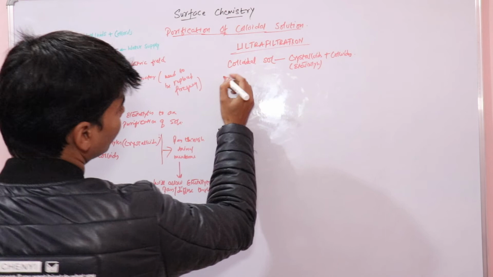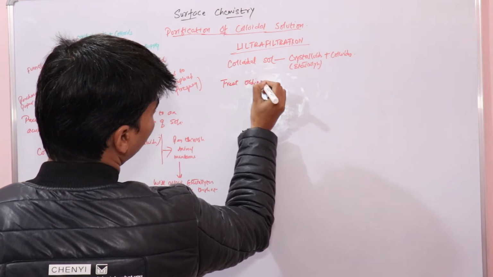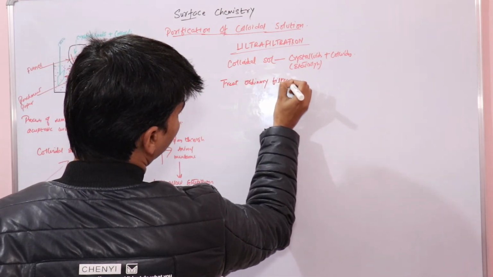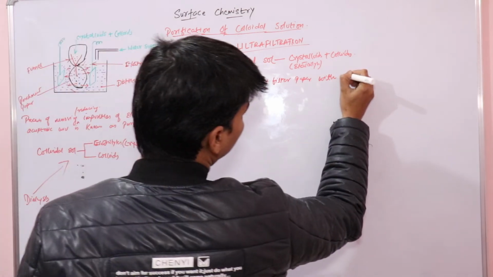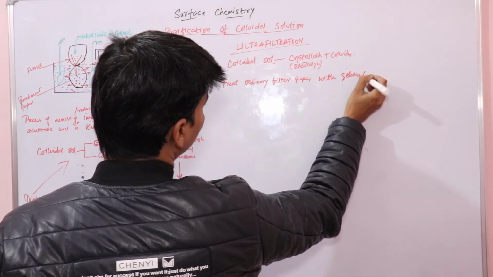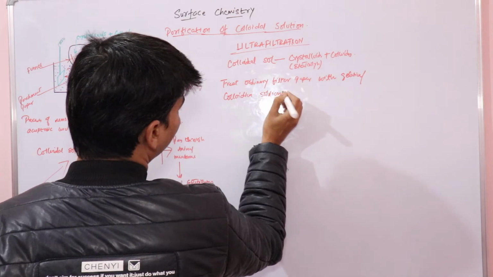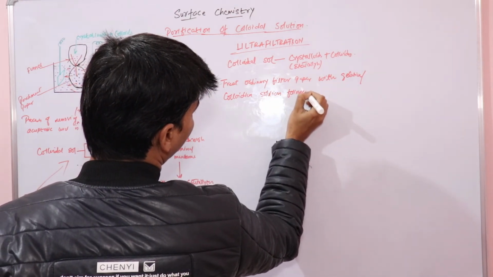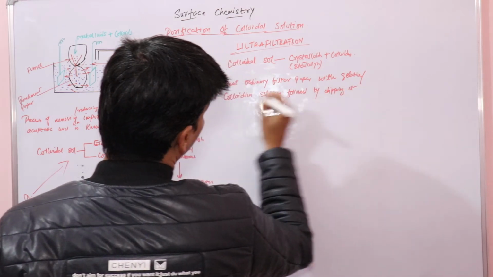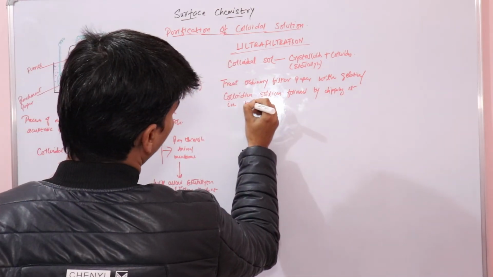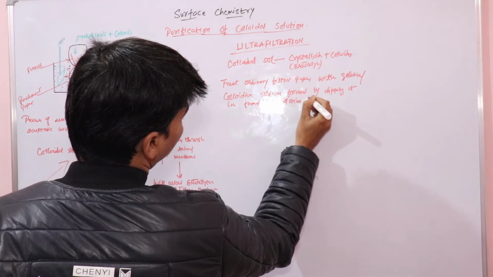So what we will do is treat ordinary filter paper with gelatin or collodion solution, followed by dipping it in formaldehyde solution to harden it.